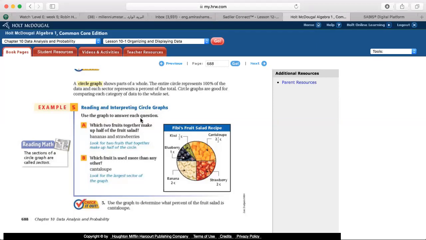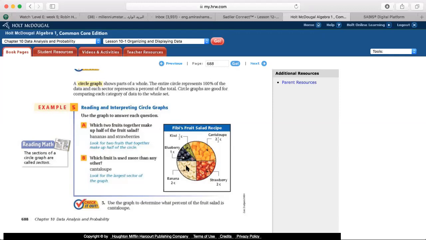Use the graph to answer each question. I have here a circle graph, okay? The circle graph shows Phoebe's fruit salad recipe. The fruit salad consists of many fruits.